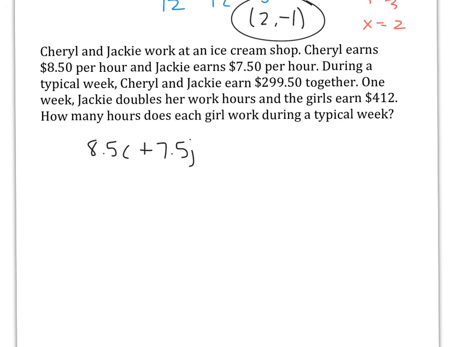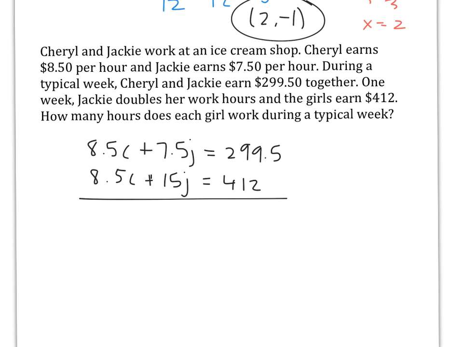So plus 7.5J. And together they earn $299.50. Okay, now one week Jackie doubles her work hours, so Cheryl stays the same. So 7.5 times 2 is 15, and then they earned $412. So the hard part is over. Setting up the problem is done.